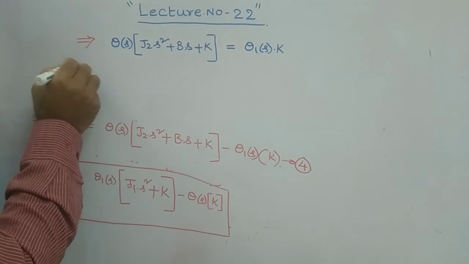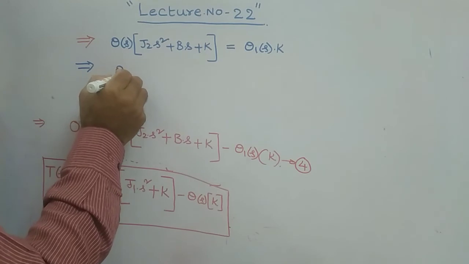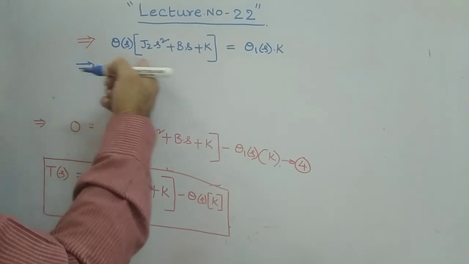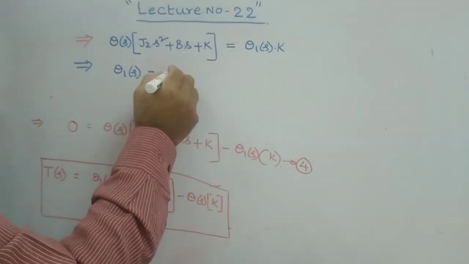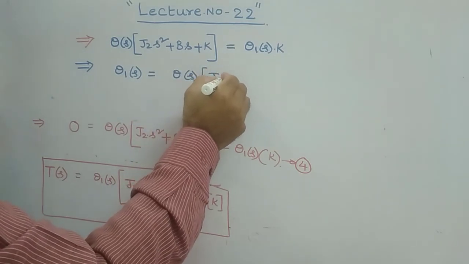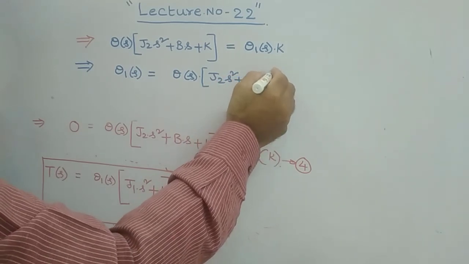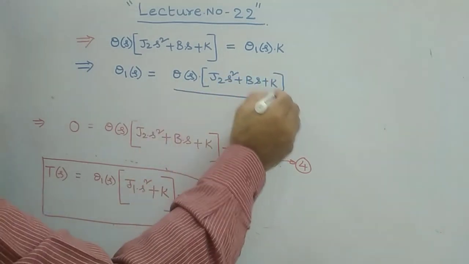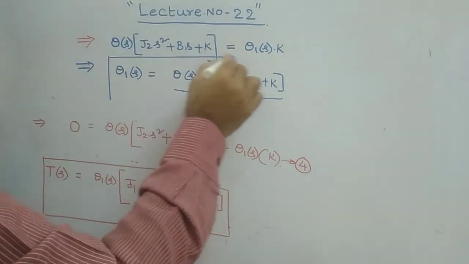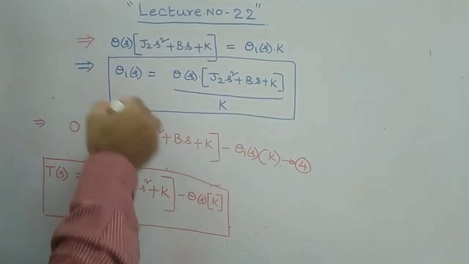So obtain the value for theta 1 of s. Therefore, your theta 1 of s is equal to theta of s into (J2 s square plus bs plus k) whole by k. This is what your theta 1 of s.